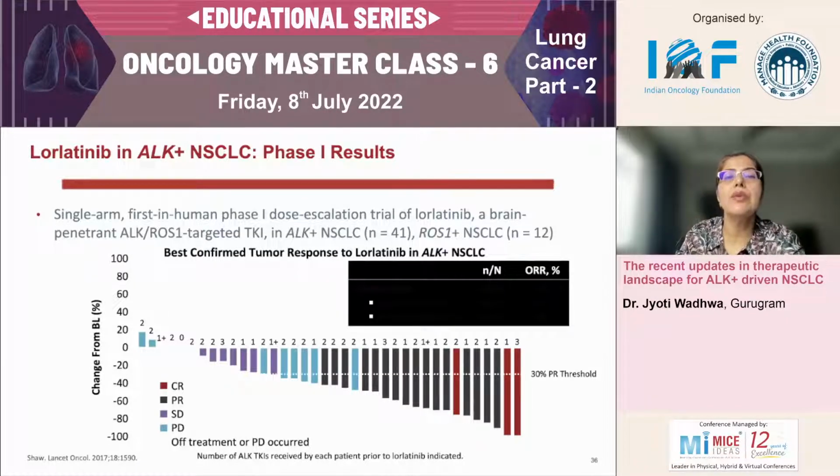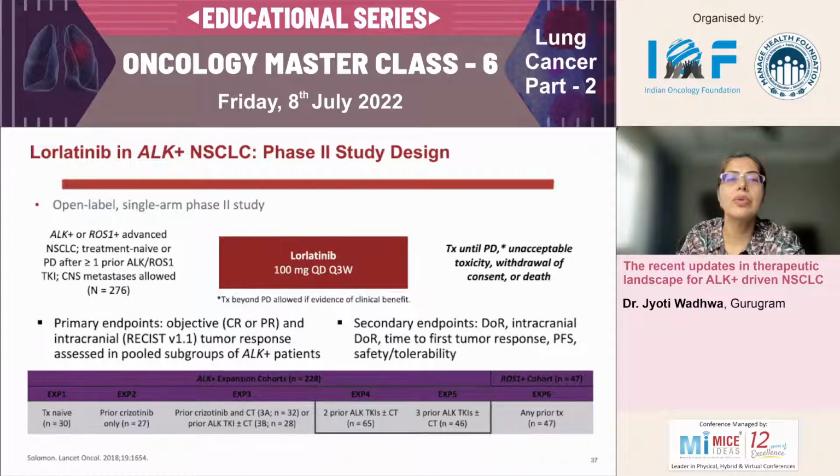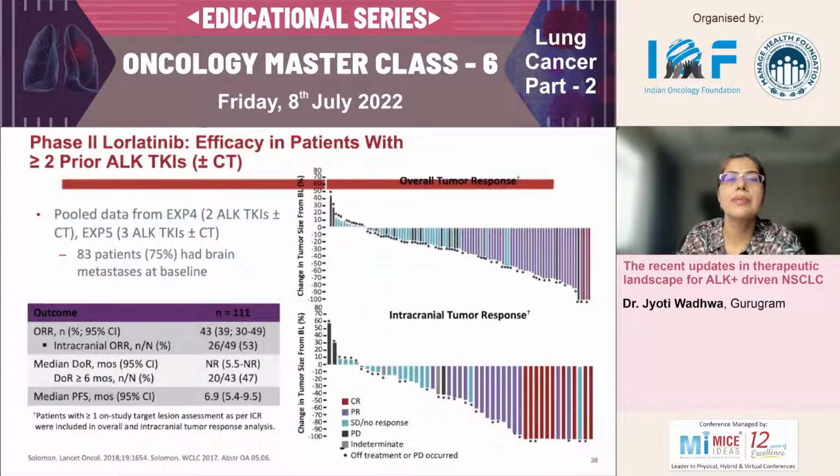Now, the efficacy of lorlatinib was first reported in phase 1 trials, and this was found to work not only in ALK positive, but also in ROS1 mutated non-small cell lung cancer patients, found to be efficacious even when the prior TKIs had failed based on the phase 2 data. Lorlatinib was used in the dose of 100 milligrams once daily until progression.